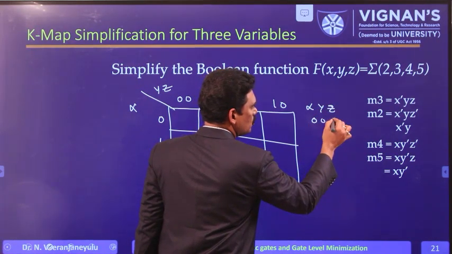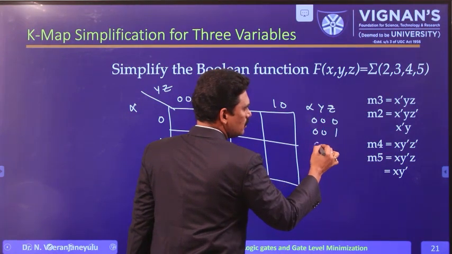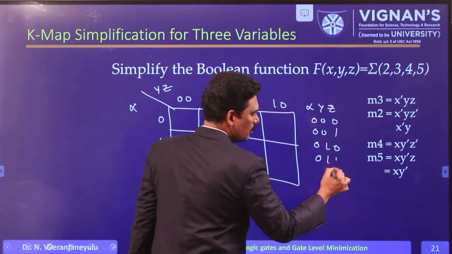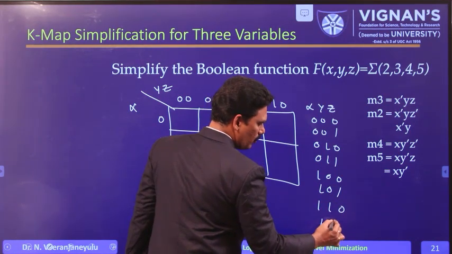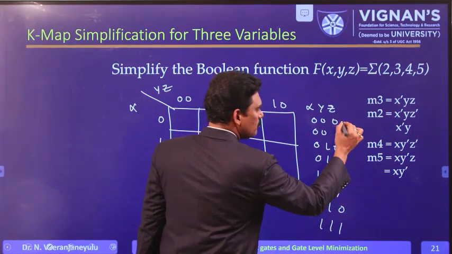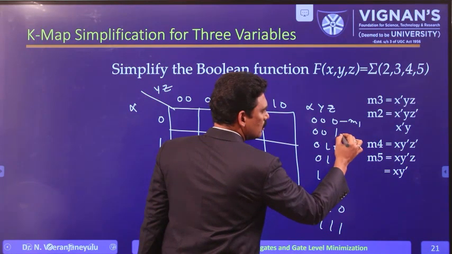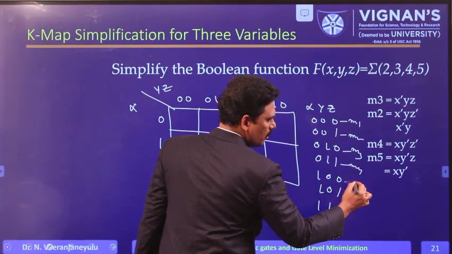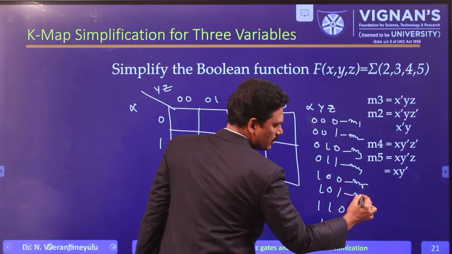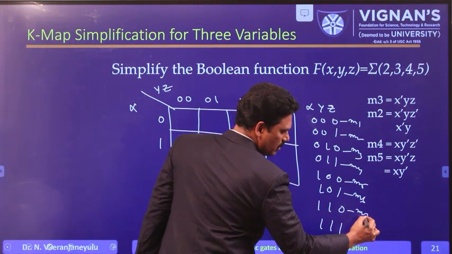The combinations are 000, 001, 010, 011, 100, 101, 110, and 111. What about minterms? The minterms are M0, M1, M2, M3, M4, M5, M6, M7.